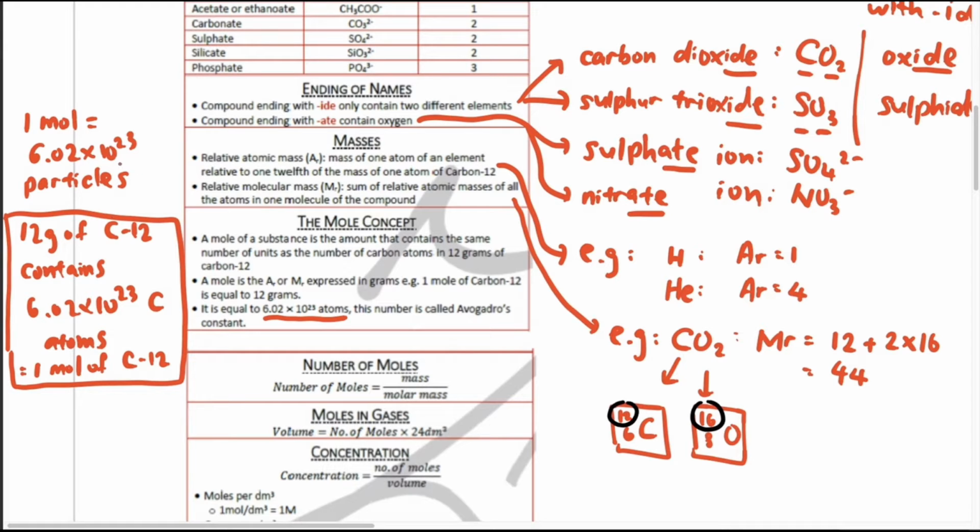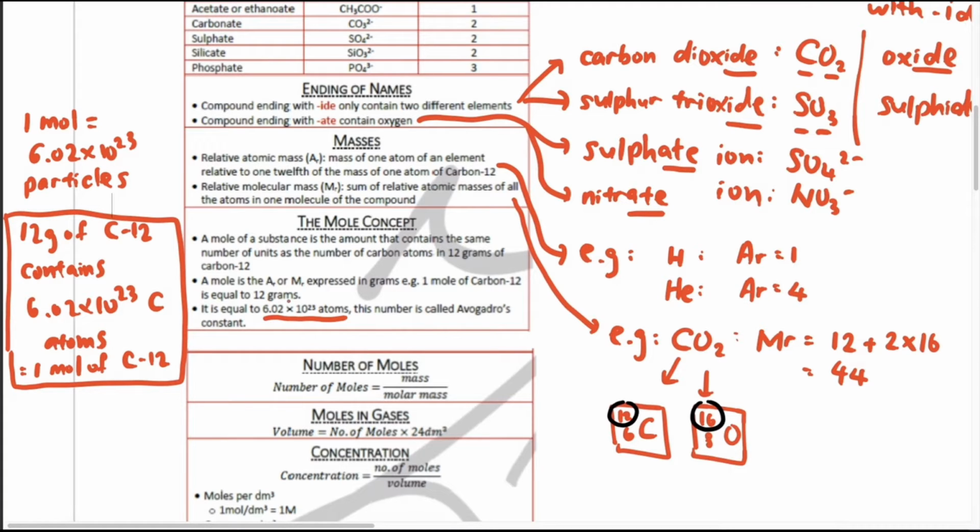So 1 mole is equal to this amount of particles. Now, a mole is the Ar or Mr expressed in gram. So for example, 1 mole of carbon-12 is equal to 12 grams.